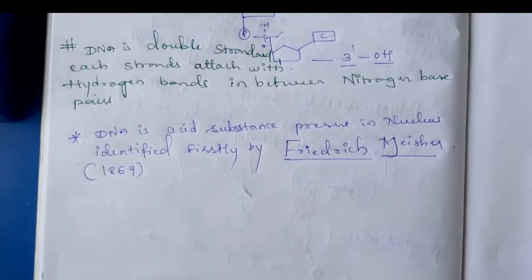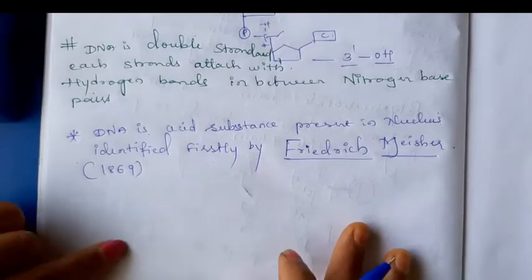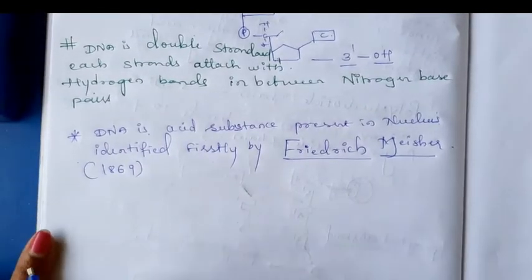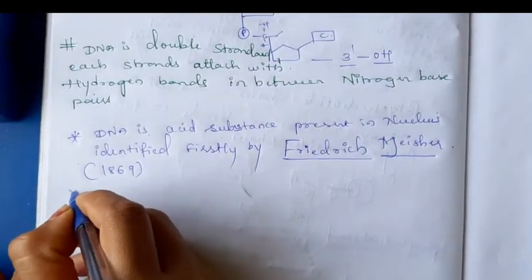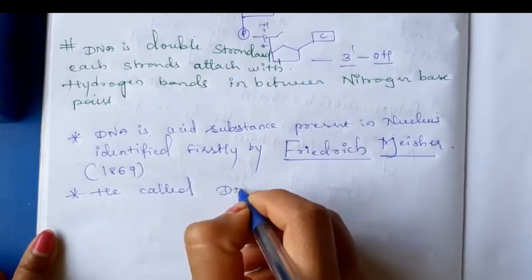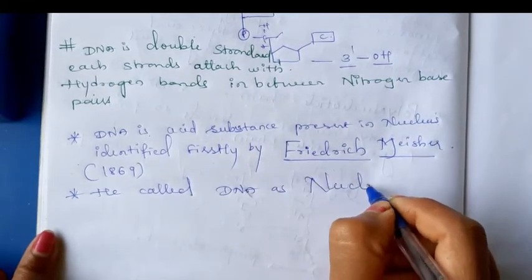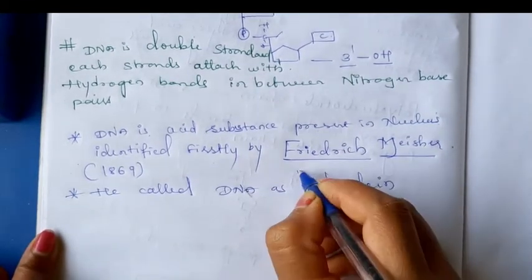He worked on the ultrastructure of the nucleus. During that time he identified something present in the nucleus which is very necessary for inheritance. Initially he called DNA nuclein.